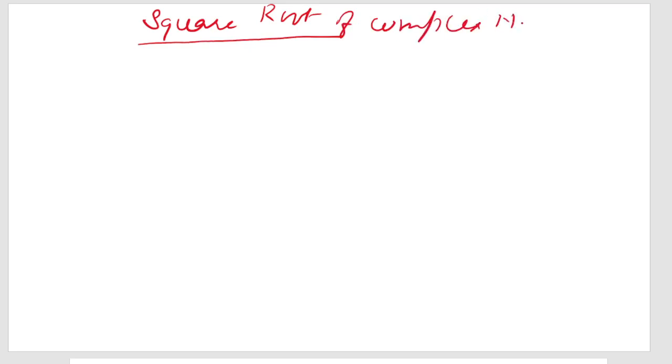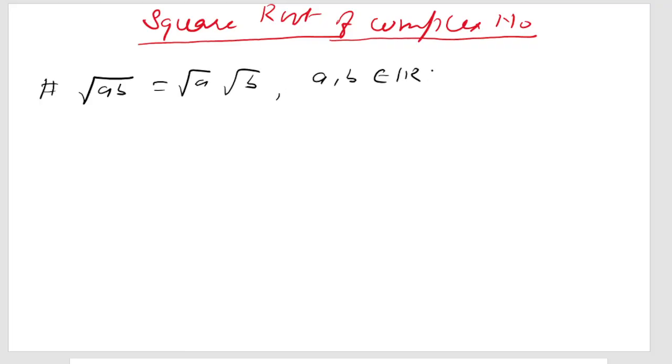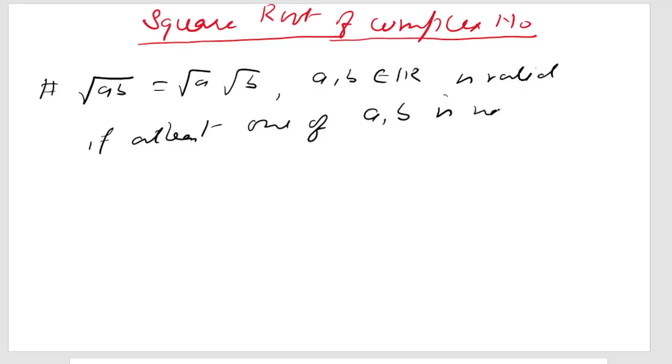And in square root, one should also know that this particular identity, root of AB is equal to root A times root B, where A and B are real numbers, is valid if at least one of A and B is non-negative.